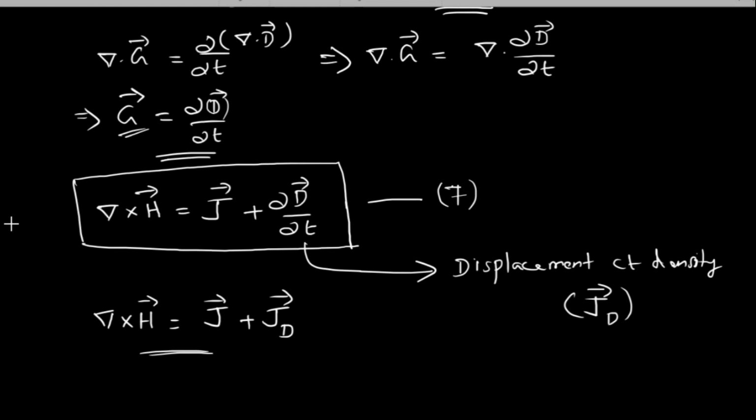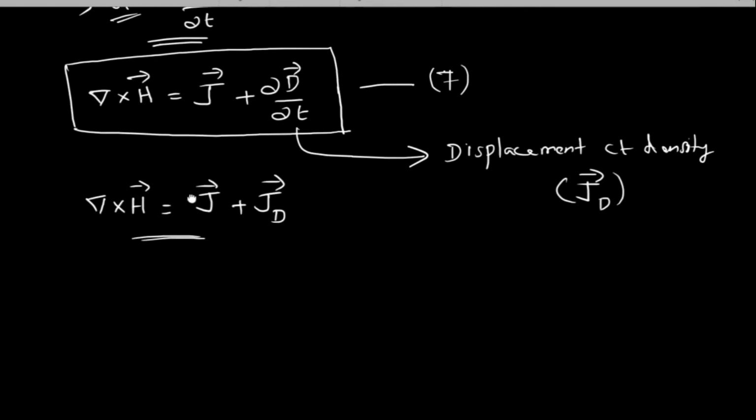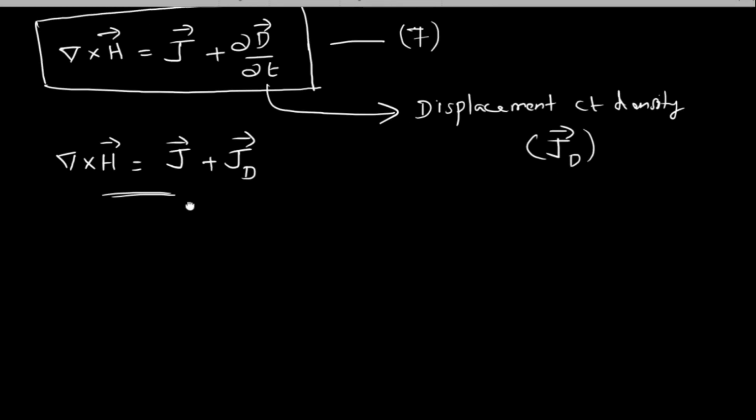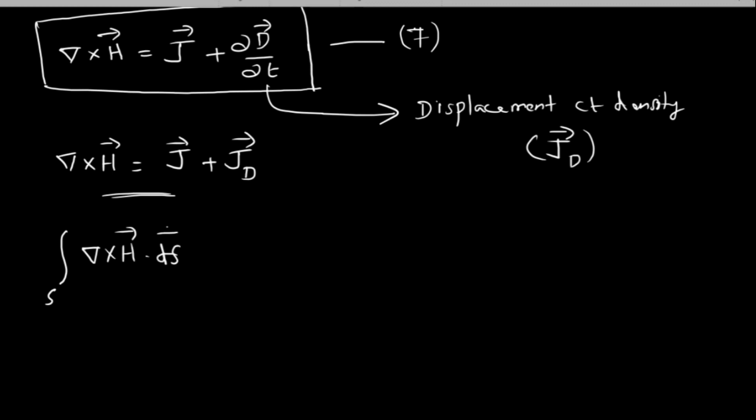What Maxwell basically did was to obtain the integral form, because all other equations have both integral form and point form. So to obtain this equation also in that form, he just integrated it mathematically. I am not very sure about the physical significance of this, but to represent it mathematically, he evaluated this point form over a surface.